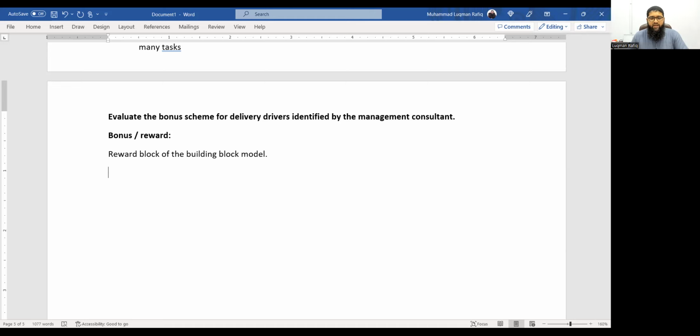Now, what exactly is the reward block of the building block model? Yes, Kiara, I am going to come back to that. The reward block focuses on rewards being clearly defined, motivating, and controllable.